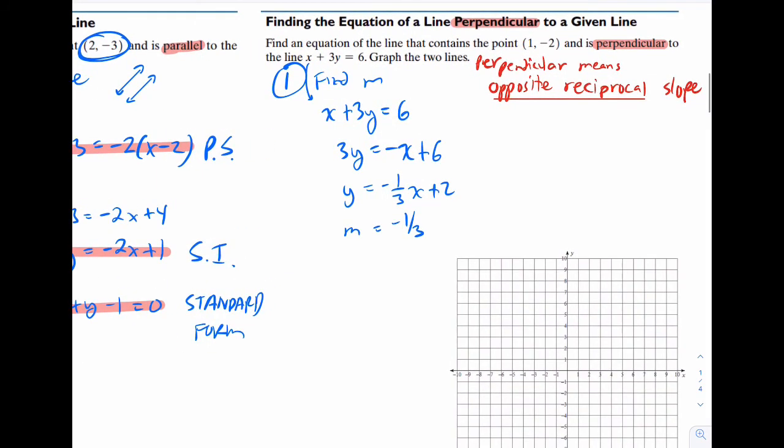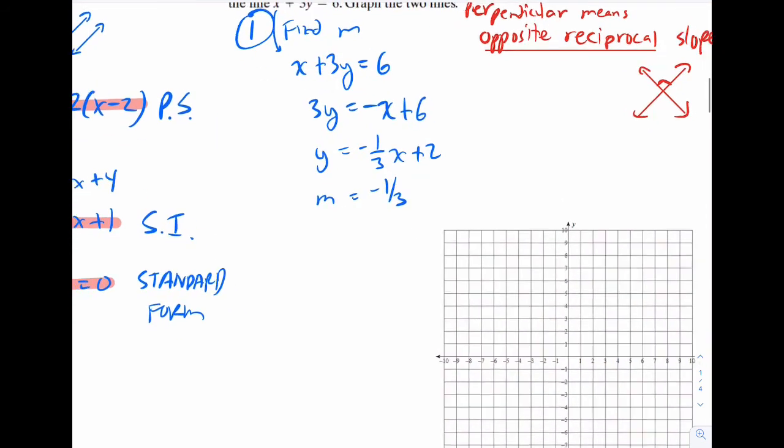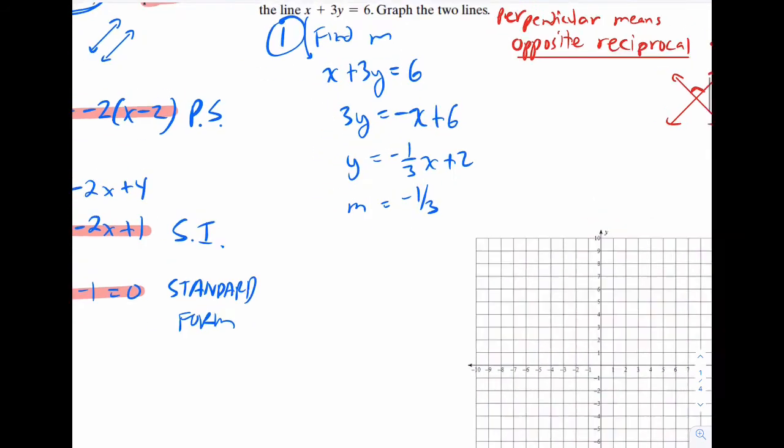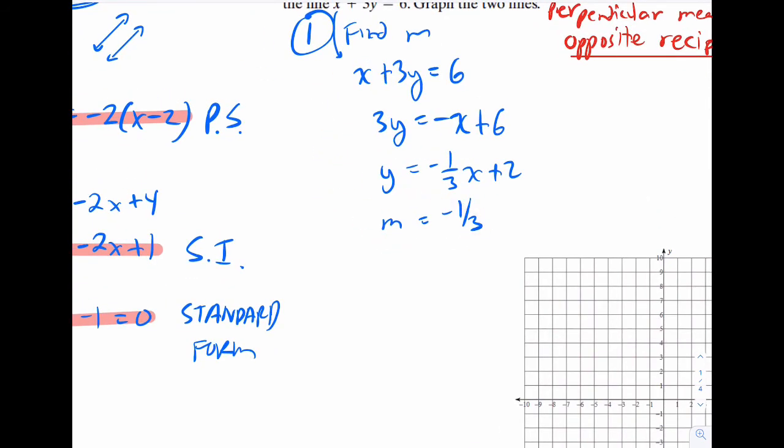And if you think about it, that makes sense because if you draw like a perfect X here, the only way these are perpendicular with a 90-degree angle is if the slopes are opposite and reciprocal. And I'm going to show you that more clearly on the graph so you can kind of make more sense of it there. Now, if we go back to this, the original is negative 1 over 3.